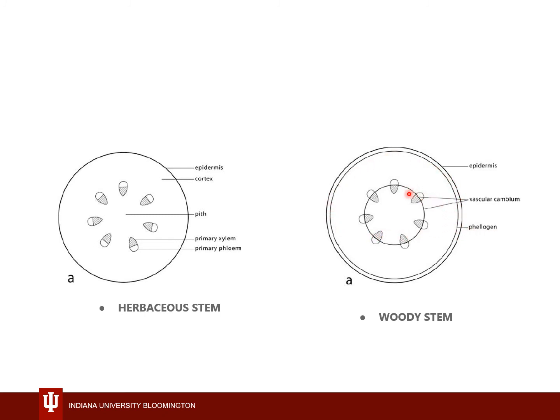What I want to talk about is this thing called the vascular cambium, which sort of forms in between the vascular bundles, in between the xylem and the phloem. And this vascular cambium is going to form what's called secondary tissue.